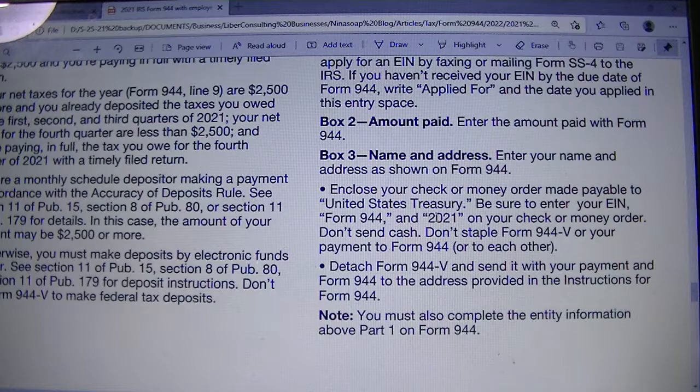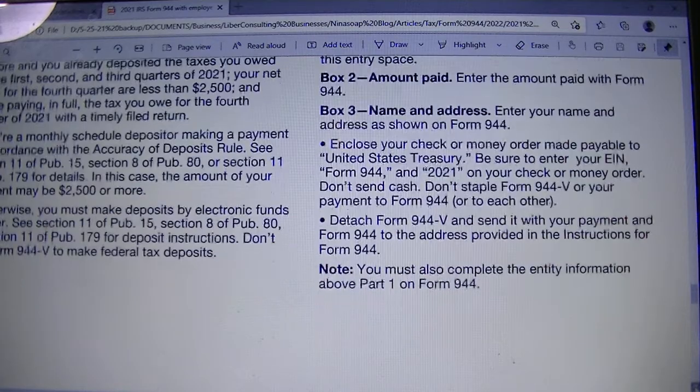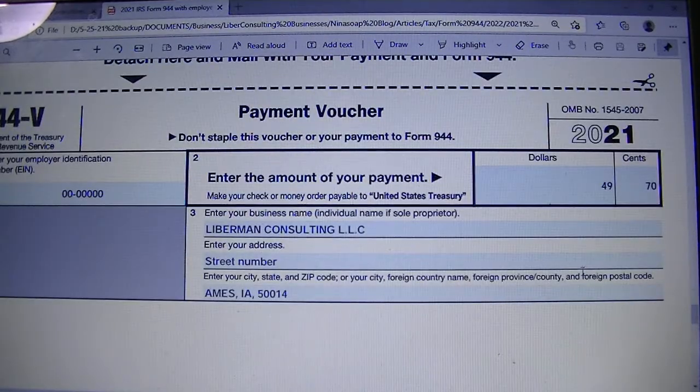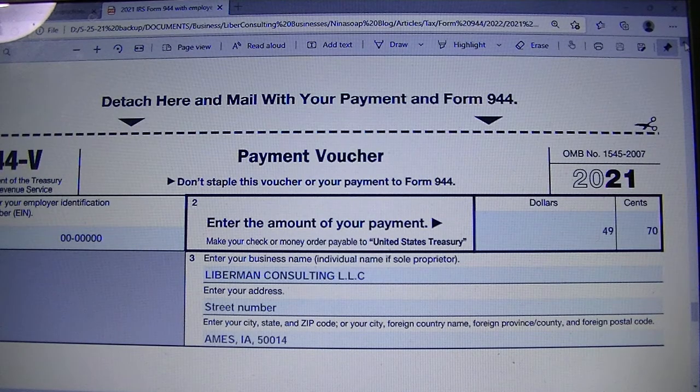Because you should not staple those three things together, the voucher, the check, and the 944, I don't want them to be floating in it, because you'll cut the voucher. It's not a whole paper, it's a small portion of the paper. This 1/3 of the paper, I don't want that and the check, which is about the same size, floating in the bigger envelope.